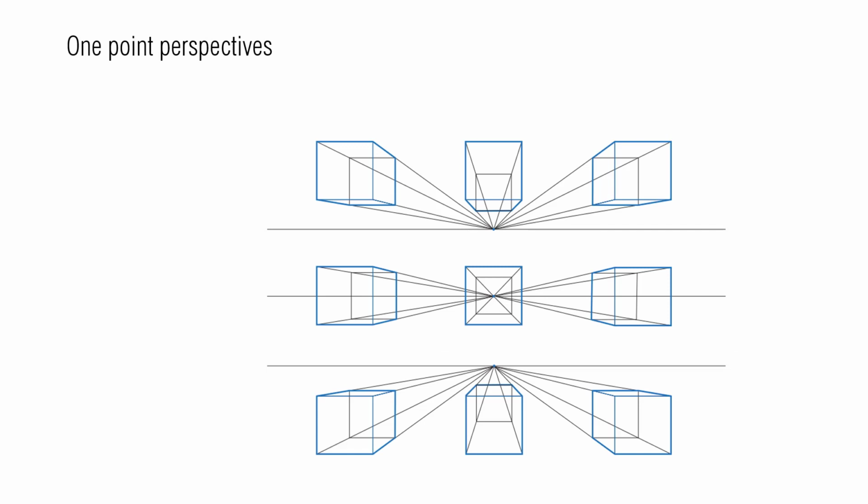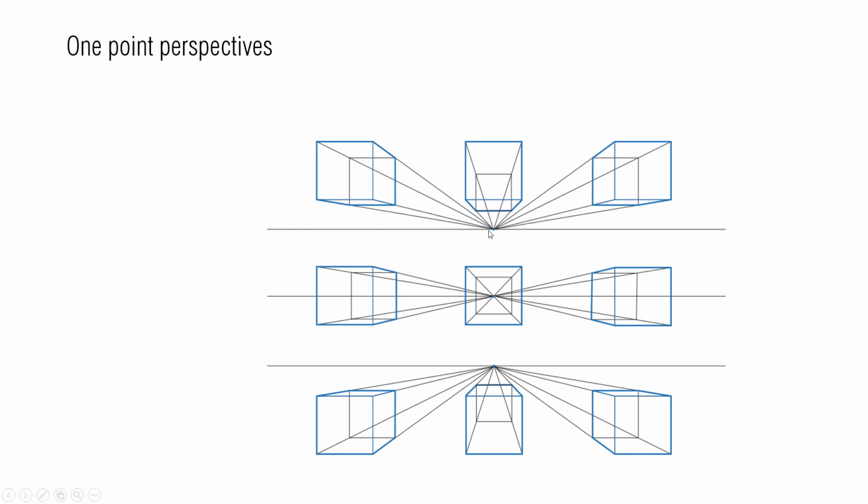When we as viewers are on the ground, this is what we see. These are examples of one-point perspective, and the horizon line is the line that goes through our eye level. When we lower our viewpoint, meaning if we view it from below, this is what we see.